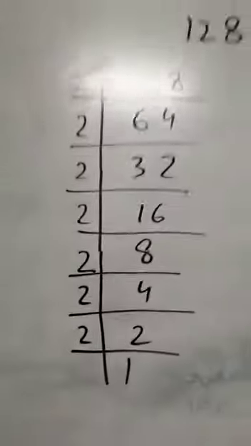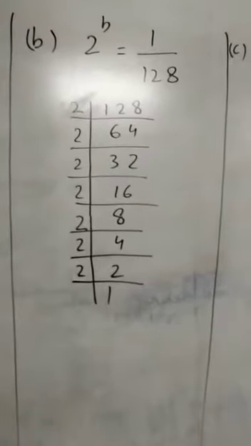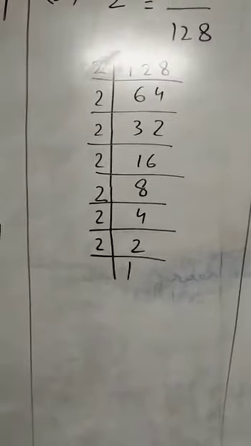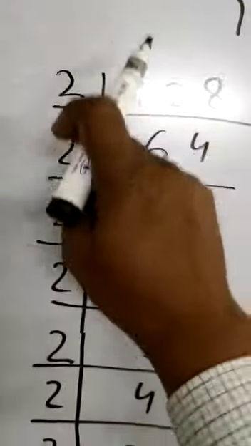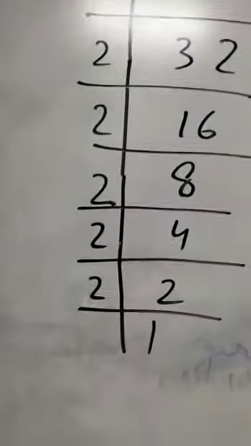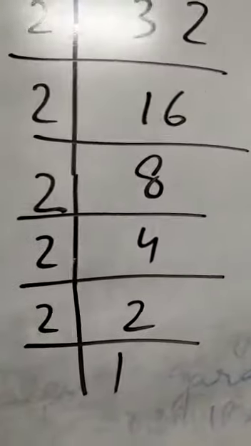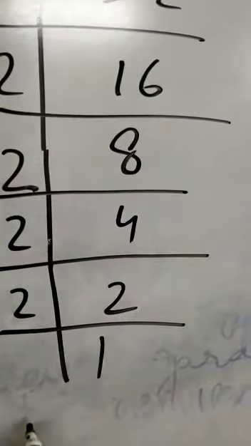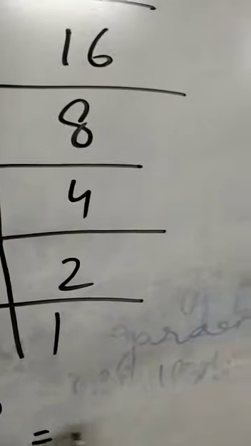These are the prime factors of 128. So how many 2s do we have? 1, 2, 3, 4, 5, 6, 7. We have seven 2s. So this will be 2 to the power b and 1 upon seven 2s.